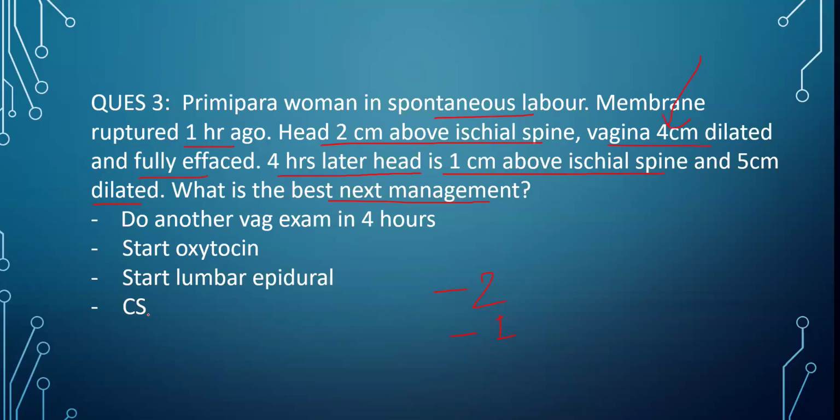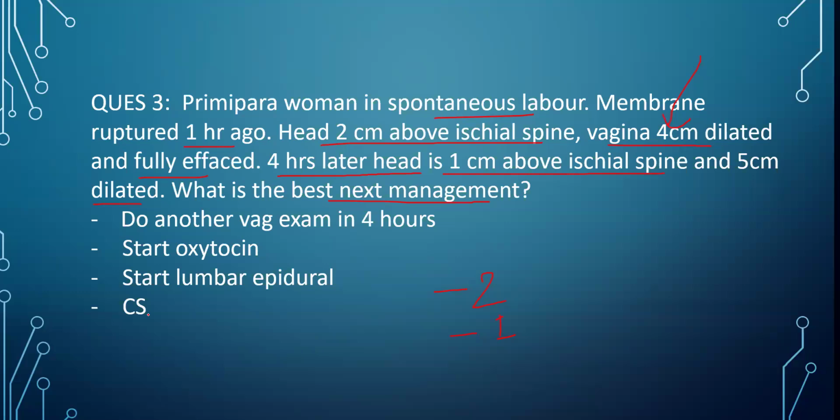Why do we want to give oxytocin? Do we know anything about the contraction in this patient? So that's the thing. Don't just think that everyone needs oxytocin. This patient is in latent phase. And just because the dilation has not progressed a lot in 4 hours doesn't mean anything, because you can wait 20 hours for latent phase to become active phase for a primary patient, right?